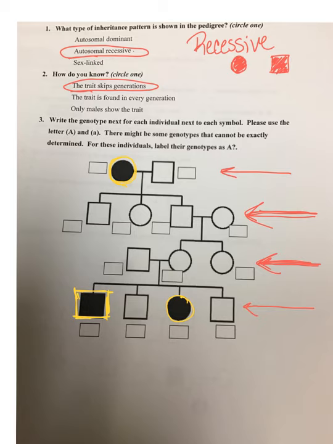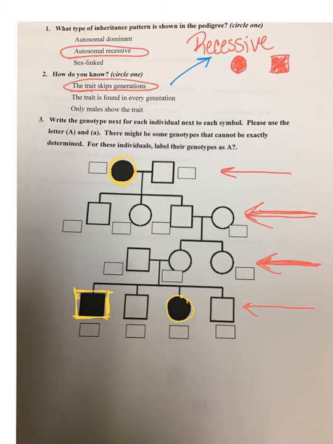So the reason I do this little doodad up here at the top where I write the word recessive, because I just make a mental note, and then I scribble to show that the shaded ones are going to get recessive letters.